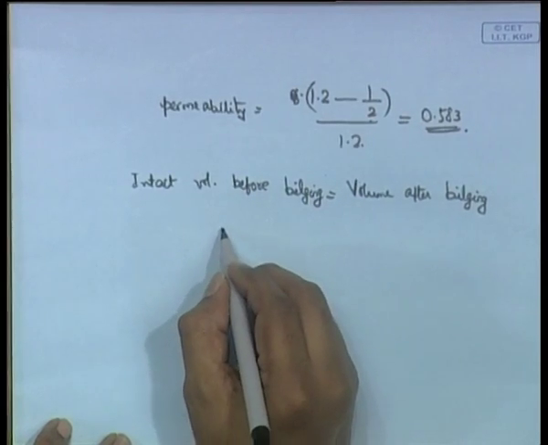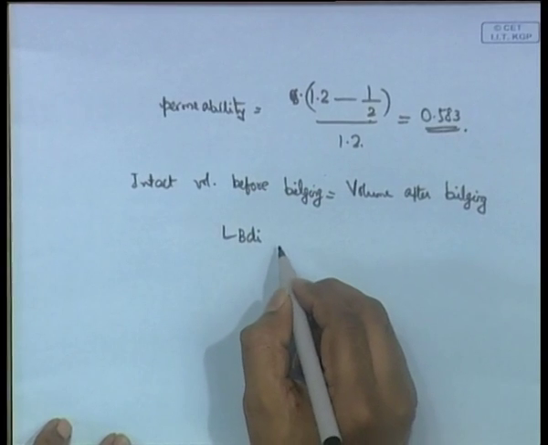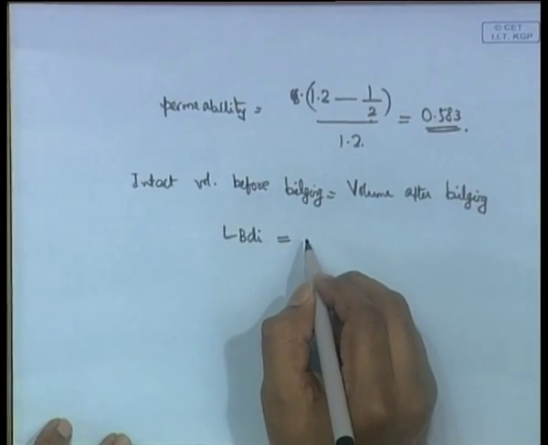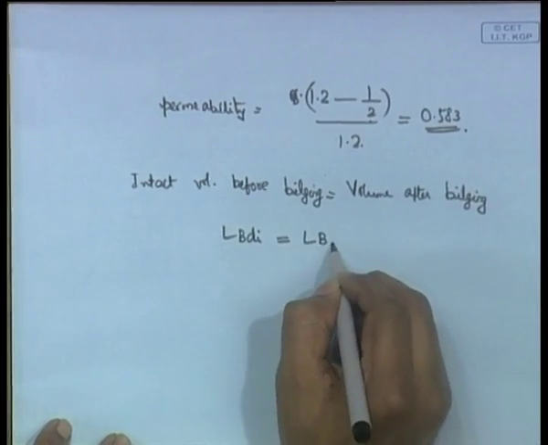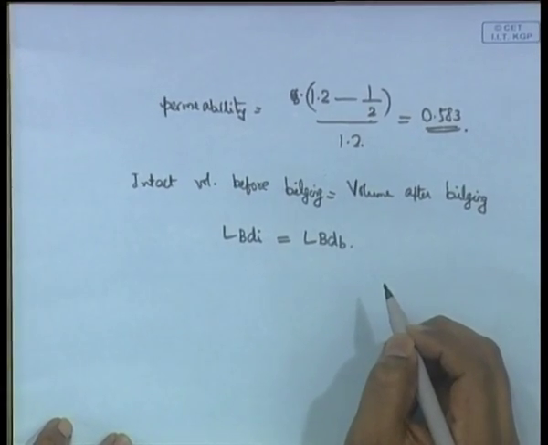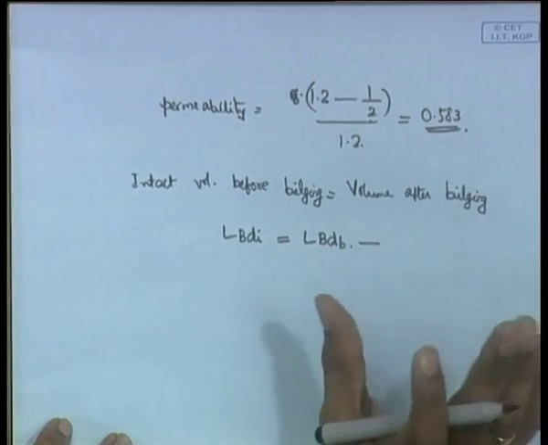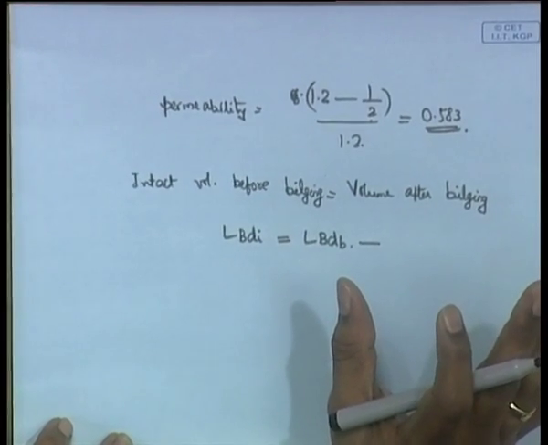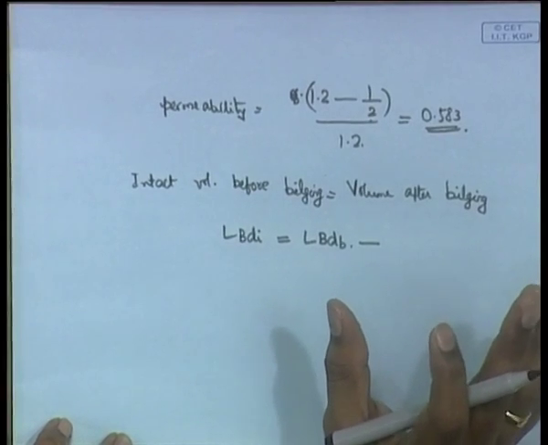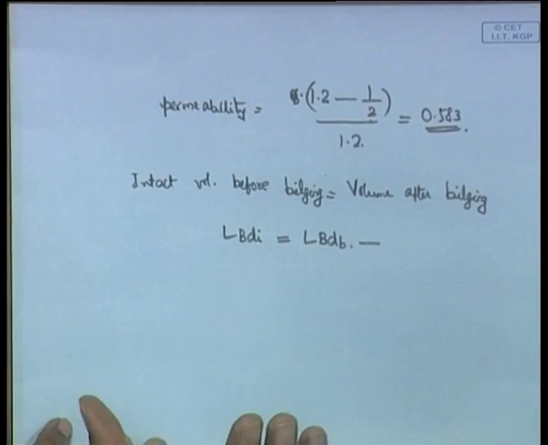The volume before bilging is L B di, this is the underwater volume before bilging, equals L B dB, this gives you the volume after bilging. Now, you need to subtract the volume of water. What did we used to do? We usually used to find the volume of the compartment. Now, it is not enough to find the volume of the compartment, you have to multiply it with the permeability, because only that much will be flooded with water.